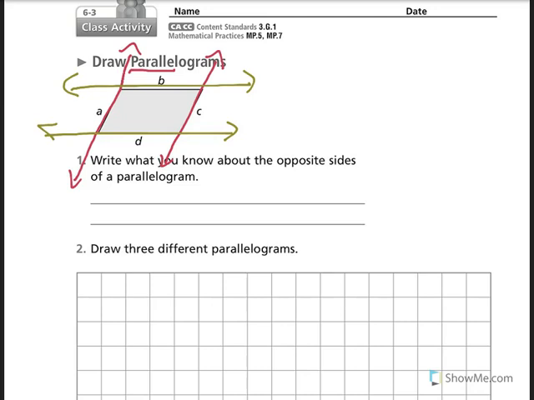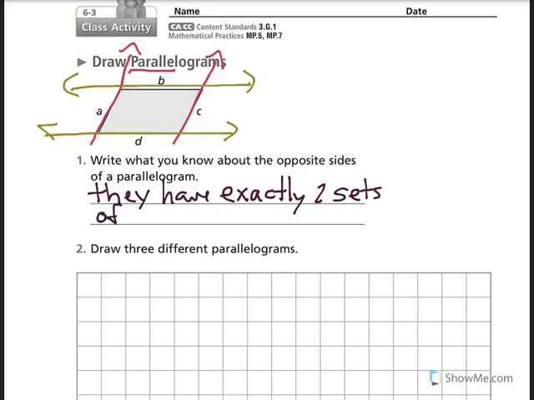No. And that's what makes something a parallelogram. Parallelograms have exactly 2 sets of parallel lines.